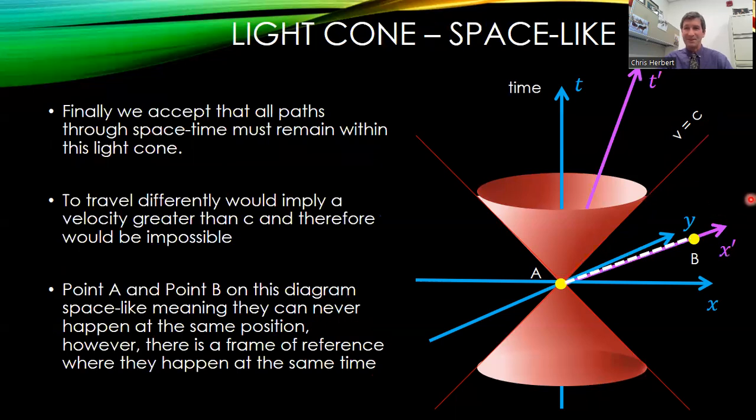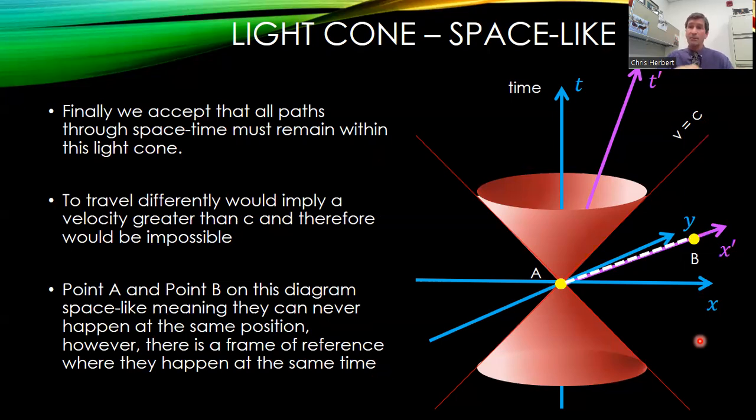I know there's physicists out there who are just cringing by my explanation. Outside this cone, we then say the events are space-like. A and B are separated by space rather than time. So when something is space-like, I can find a frame of reference where I can have them happen at the same time.